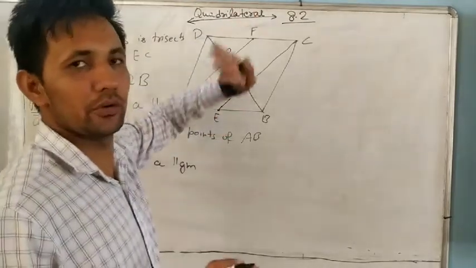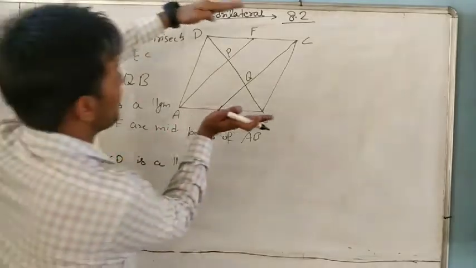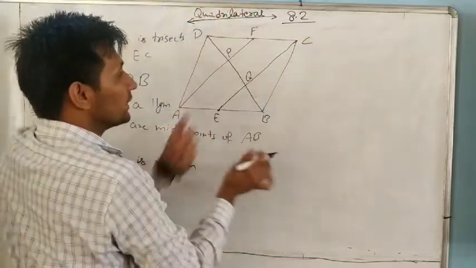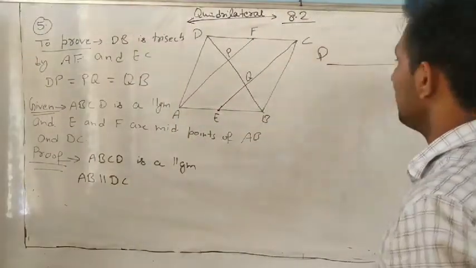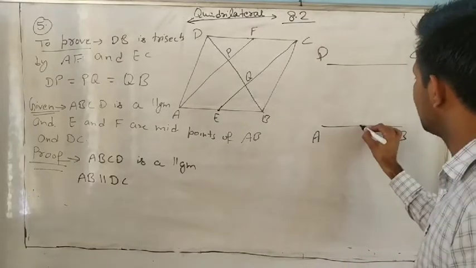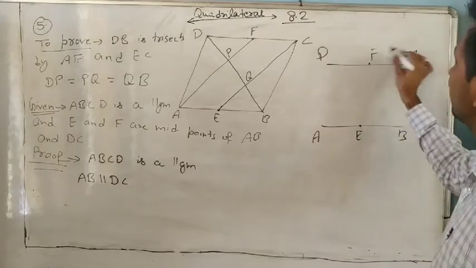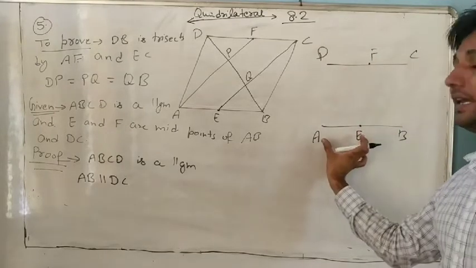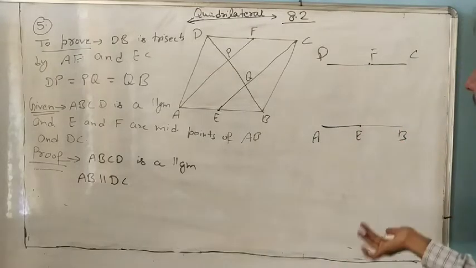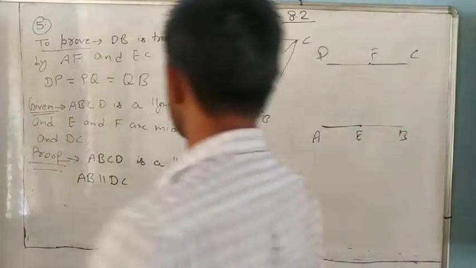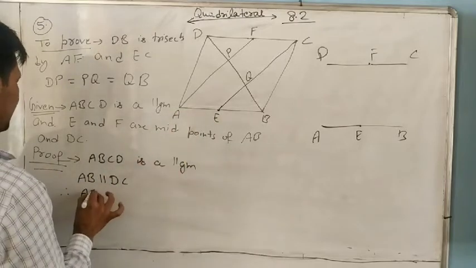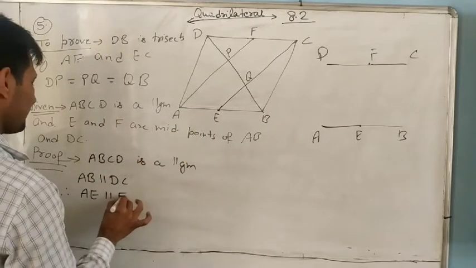And if AB is parallel to DC, AE and FC are also parallel, because FC is part of DC and AE is part of AB. These parts of two parallel lines are parallel. Therefore, AE is parallel to FC. Equation 1.